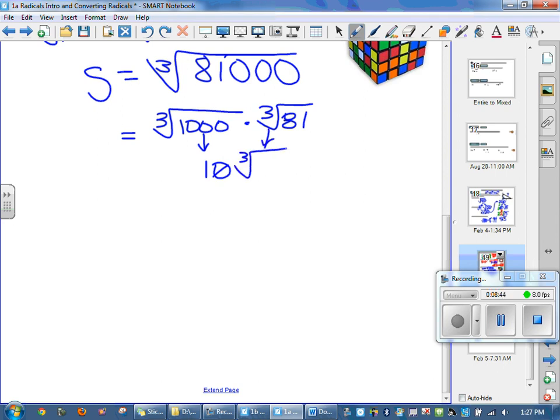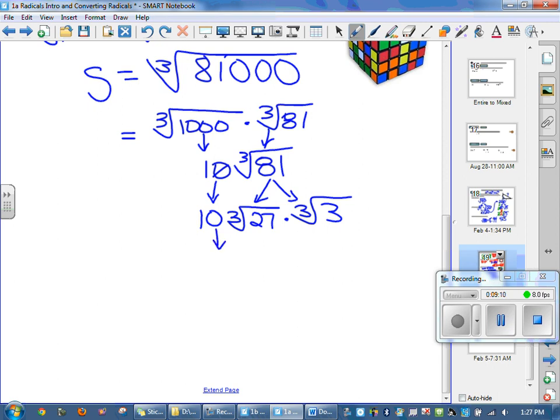Now, cube root 81 can also be broken down again. It divides evenly by another perfect cube, which is 27. So now I bring him down, and I break him down further. So I'm going to have cube root 27 times cube root 3, and the 10, you can't forget him. He's attached in front of the other cube roots. So now the 10 still keeps coming down.